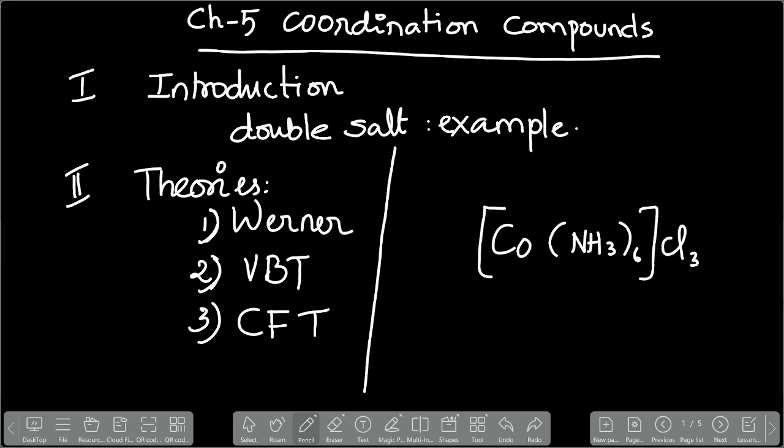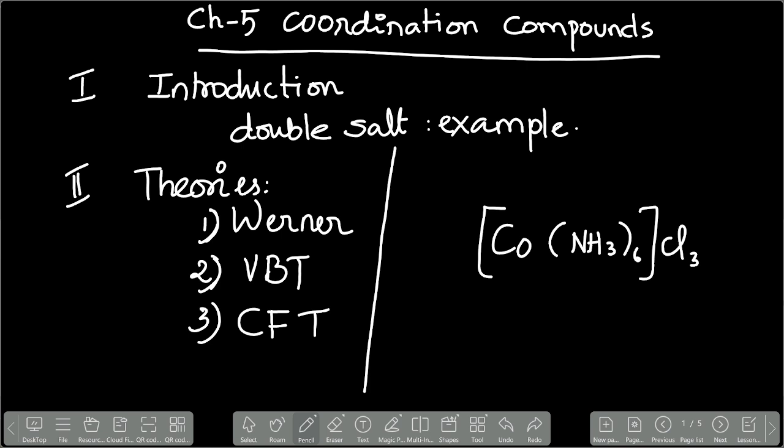So, what are called primary valency? What are called secondary valency? Primary valencies are ionizable, responsible for the oxidation state or oxidation number of the central atom. They do not have directional property. And one more thing, primary valency is always satisfied by negative ions.